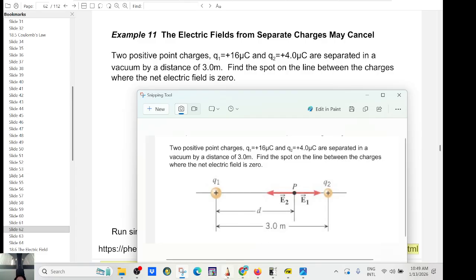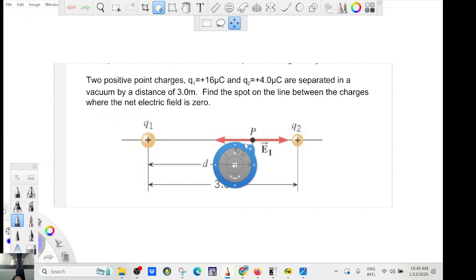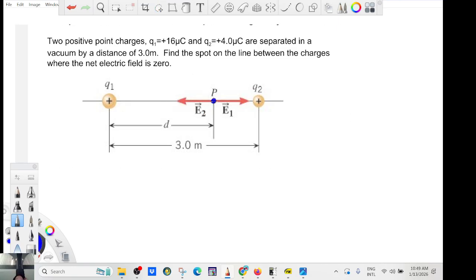So you can think of electric field equals 0. The net force equals 0. So we deal with electric field. We're going to pretend that you have 1 coulomb of charge here. And this is positive, so this coulomb of charge is going to be pushed away. And this is positive, so it's going to be pushed away.